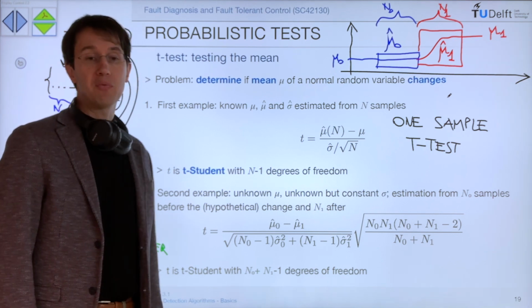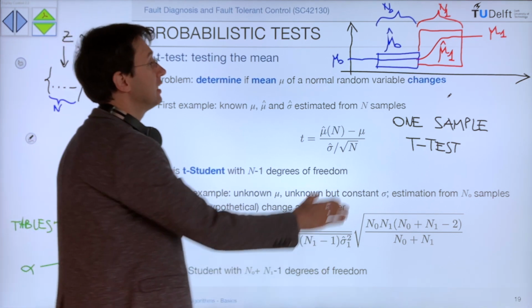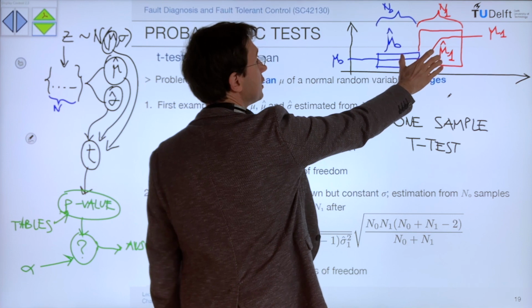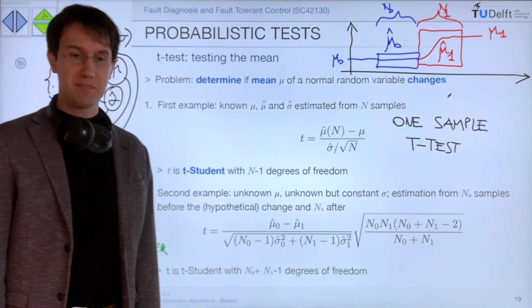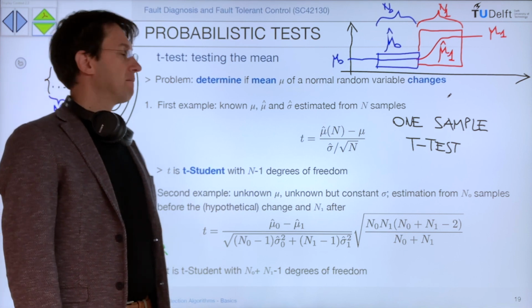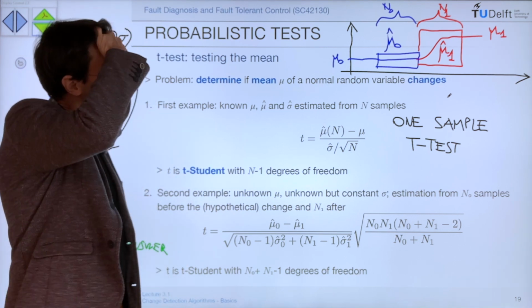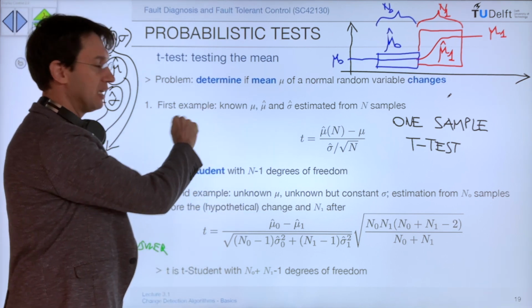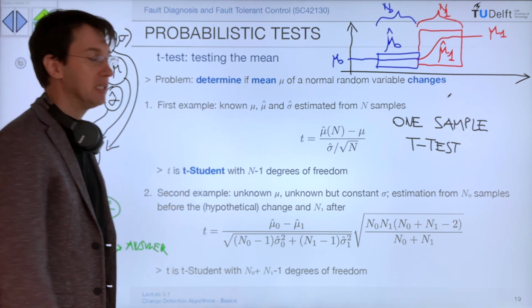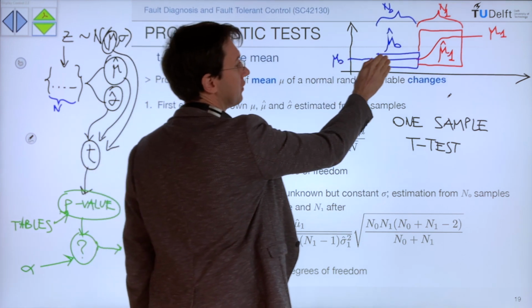The only moment when it is going to be rejected is in this condition, because here mu0 hat and mu1 hat are going to be different. This is a different behavior than the previous test. This previous test will tell you, okay, change.